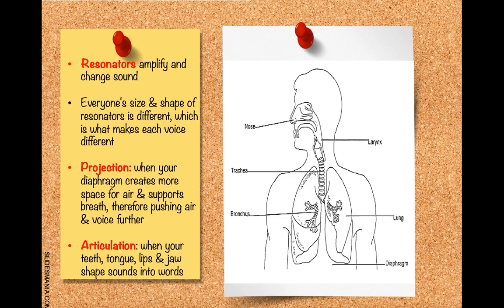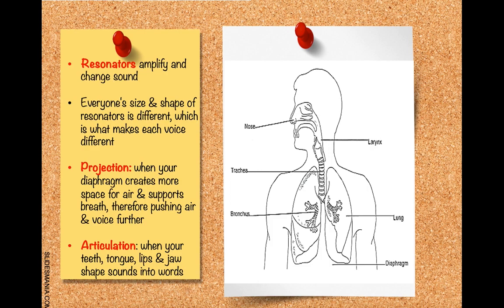If you are crouched down, or if you stand up straight and then bend over to touch your toes, it's not as easy to speak, and your voice won't be as audible because your entire respiratory system, or your vocal system, is kind of crunched up together rather than having space for the air to flow freely.